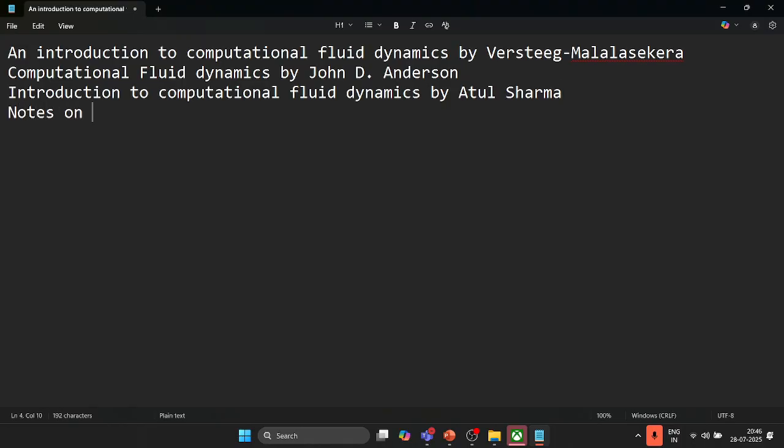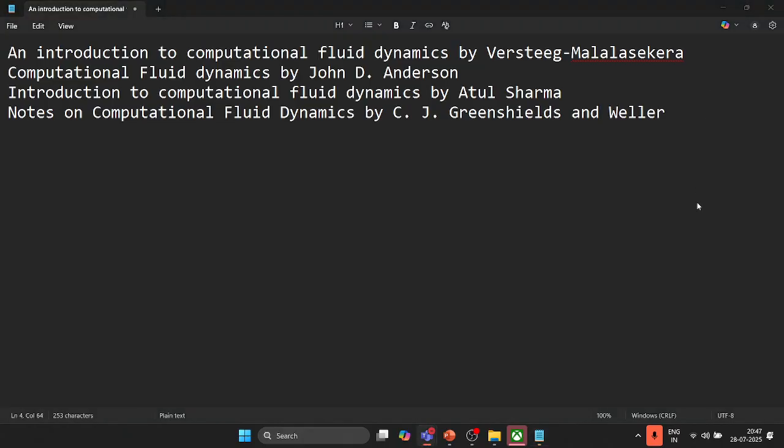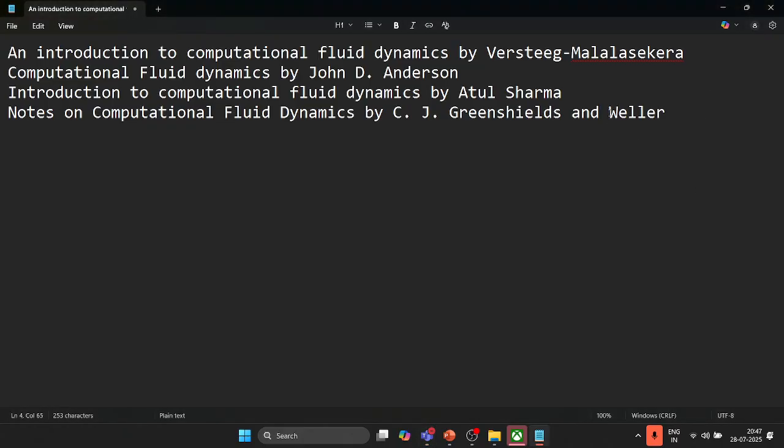Notes on Computational Fluid Dynamics by Greenshields, Christopher J. Greenshields and H. G. Weller.